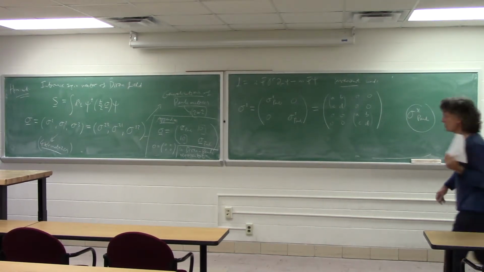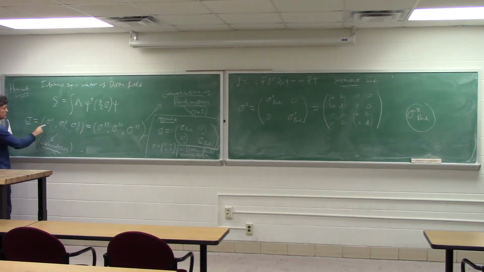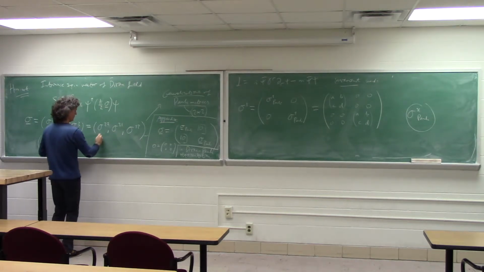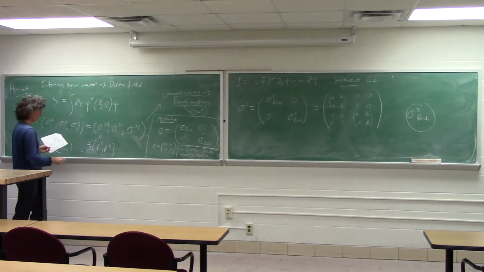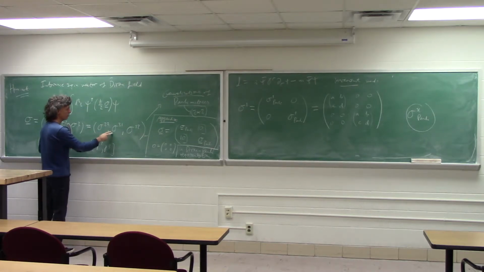Where this sigma 2, 3 here, this is i over 2, gamma 2, gamma 3. Gamma is a 4 by 4 matrix. I take the commutator, that's a 4 by 4 matrix. So that is what sigma 2, 3 is equal to. So I've got 3 4 by 4 matrices.